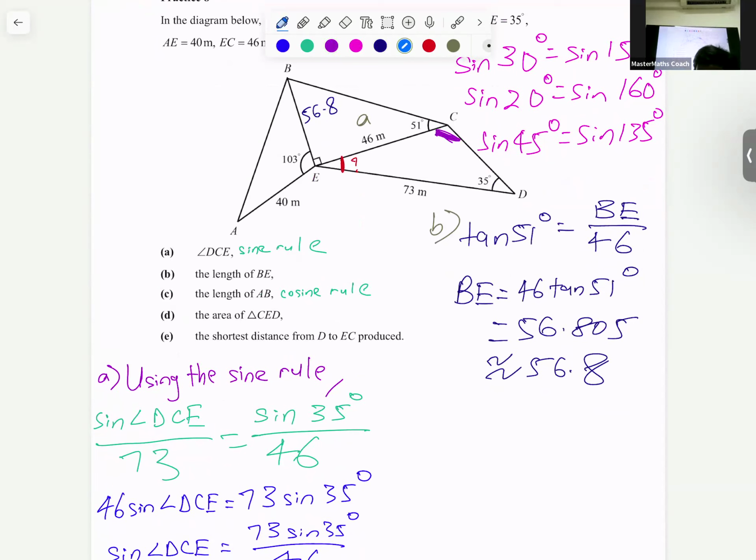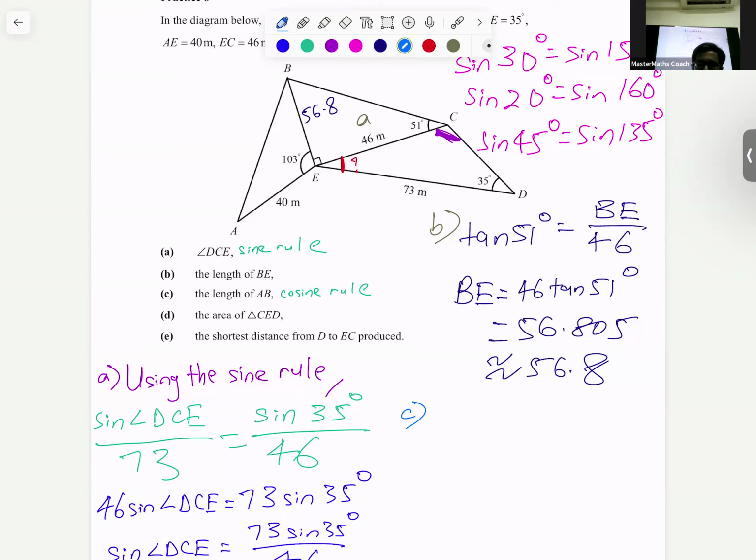Then now part C. How do we find the length of AB? I told you just now to find the length of AB, we use cosine rule.